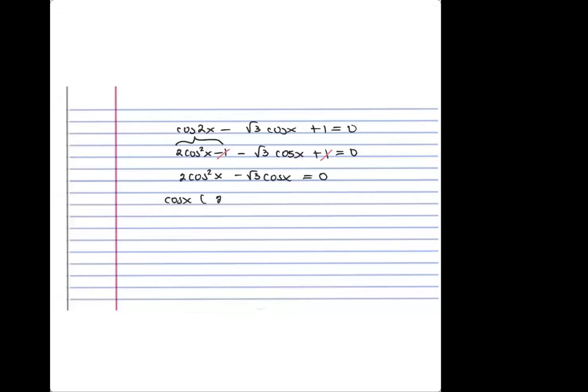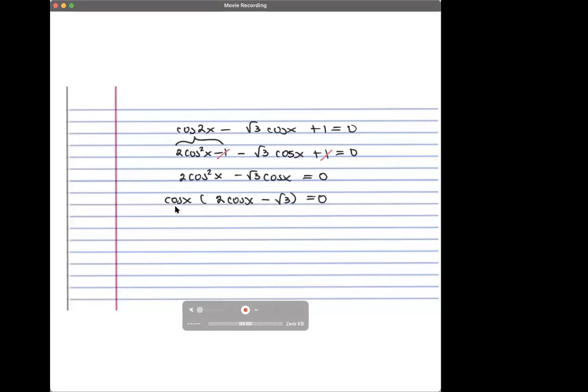So then I'm going to have 2 cosine x minus root 3 equal to 0. And I always like to do a little mental check. If I take cosine x times 2 cosine x, that gives me 2 cosine squared. And if I take cosine x times the subtracted root 3, that's going to give me the subtracted root 3 cosine x. So I factored it correctly.